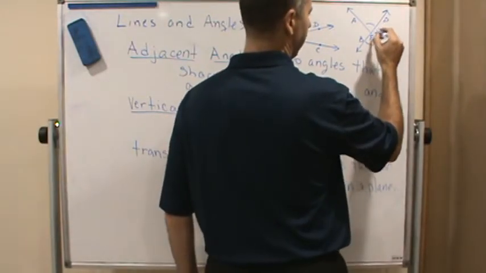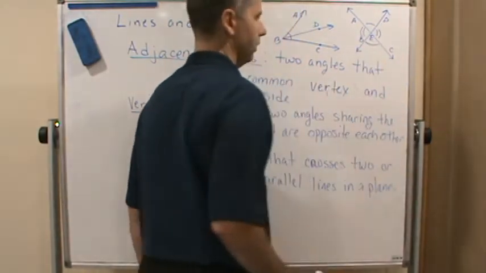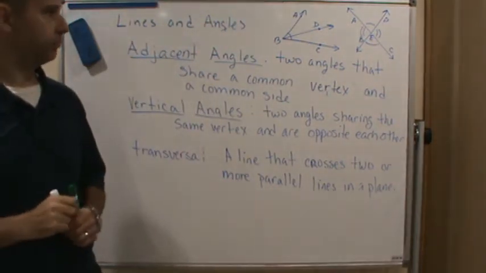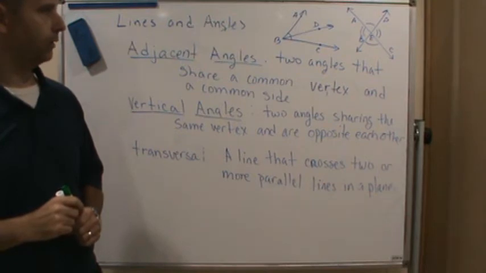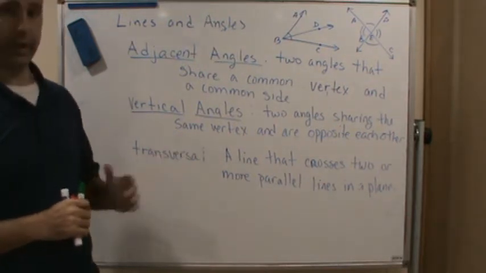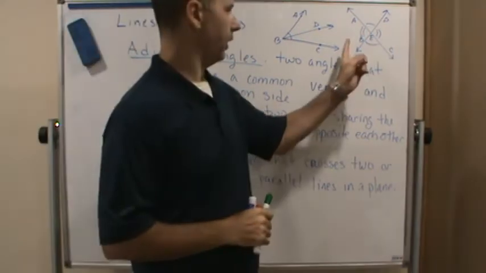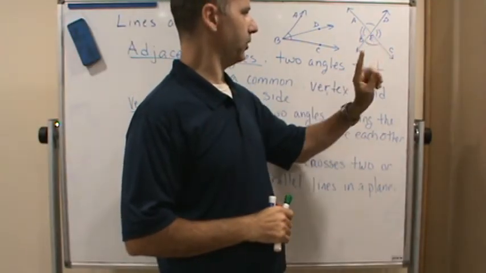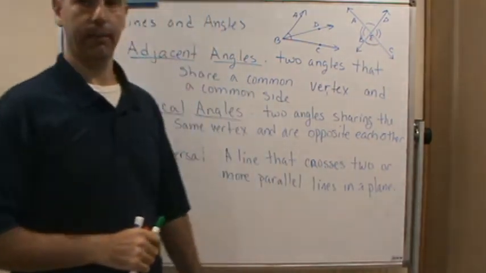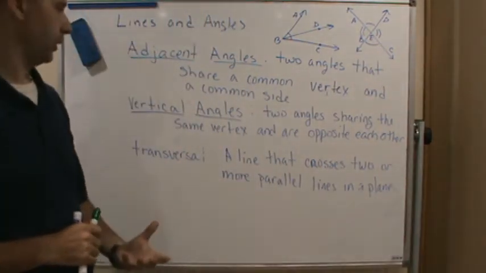And these two angles are also opposite angles. Okay? So we call them vertical angles. So vertical angles are angles that share a common vertex but are opposite each other. And so that's what we call vertical angles.